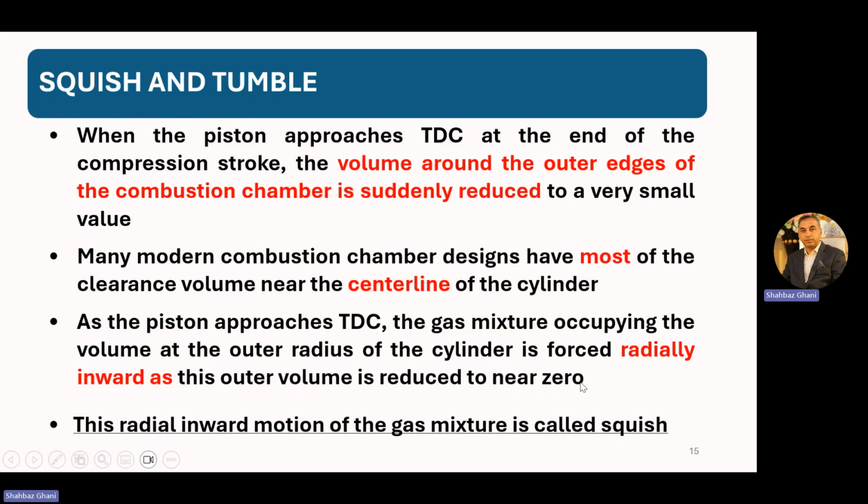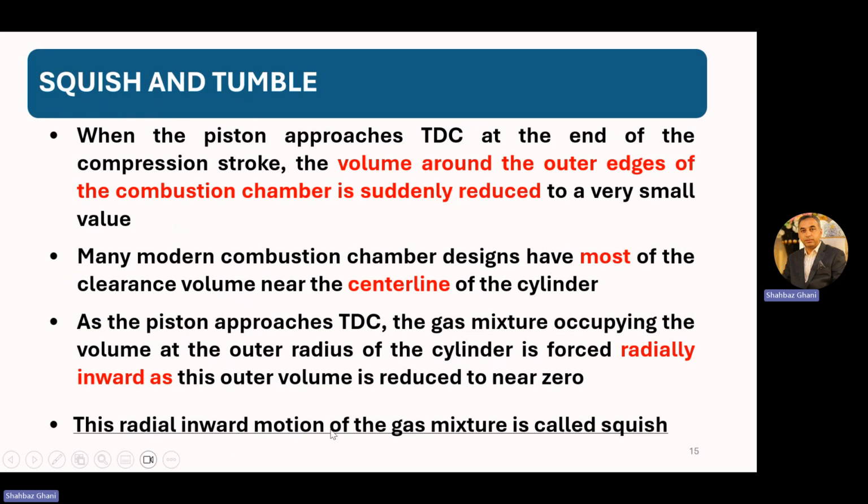So the space available when the piston is reaching TDC is at the center line. It may be in your piston head, or in the bowl of the piston, or in the head where we have a maximum clearance.